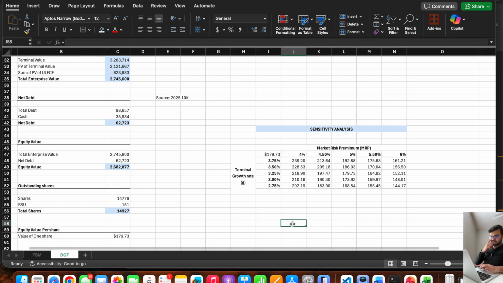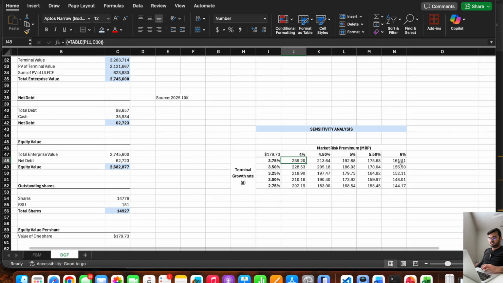Maybe I don't want to do much formatting, but by end of the day, what you could see is, if you assume the terminal growth rate will be 3.75%, and you're expecting only a market risk premium of 4%, it makes sense. The value is 230. I mean, per value of Apple share is $239.2.